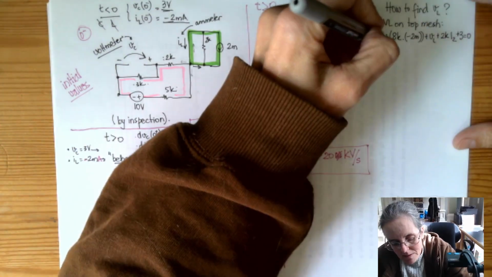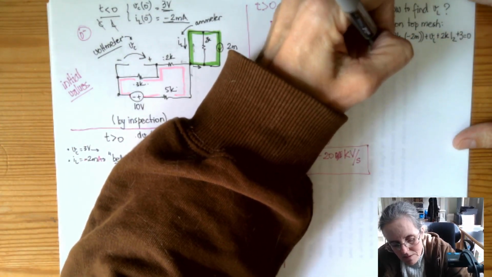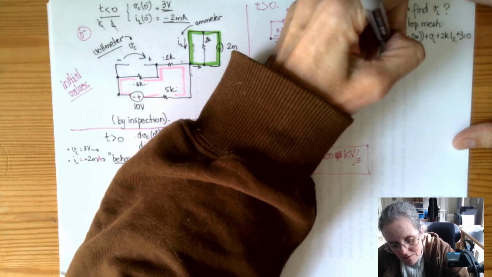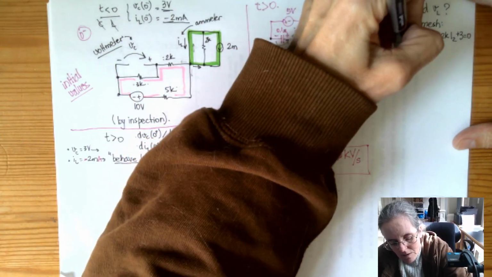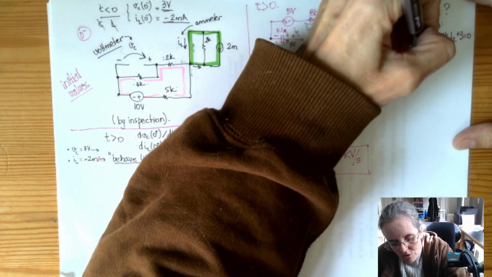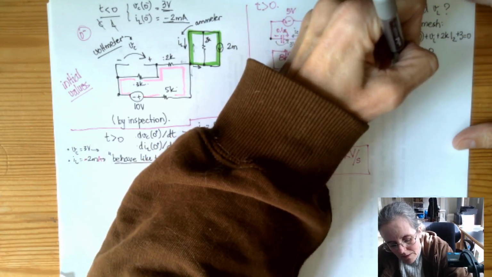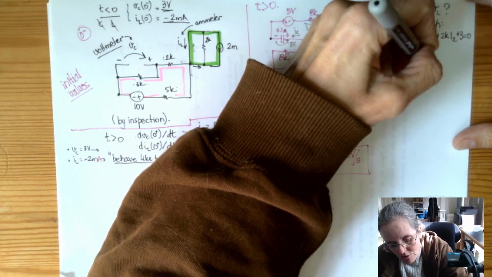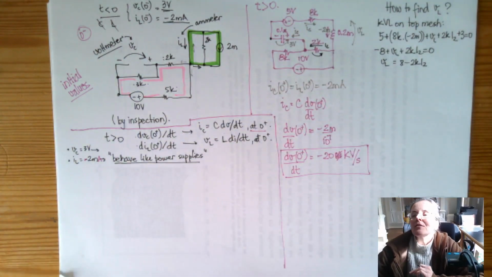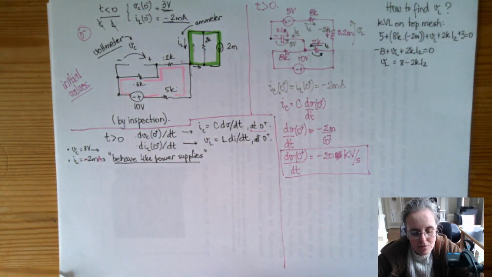So it's 8 minus 16, which is minus 8, plus VL plus 2K I2 equals 0. VL will be 8 minus 2K I2. If I find I2, then I find VL.